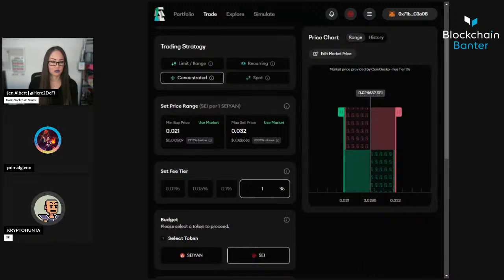I always like to draw an analogy with how trading works on PepDex. Let's say I have $50 and I want to trade with 2x leverage.